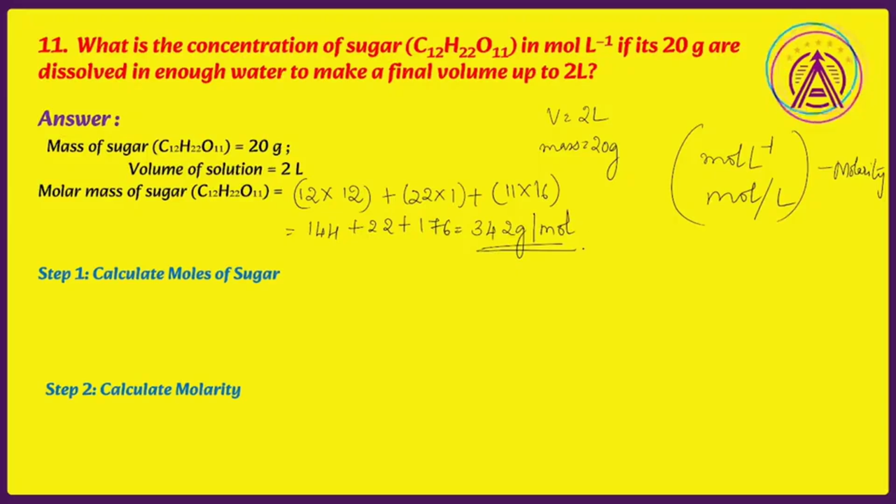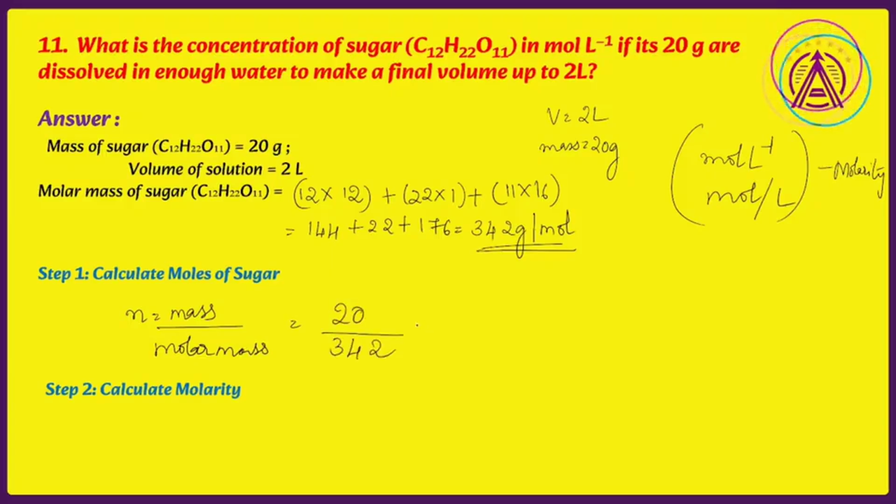Okay, now molar mass is known. How can I find my moles? Moles is equal to nothing but mass by molar mass. So I get 20 divided by 342, which is nothing but 0.0585 moles.